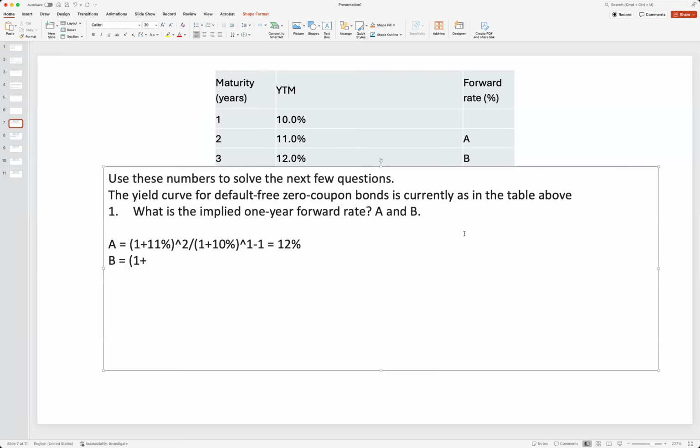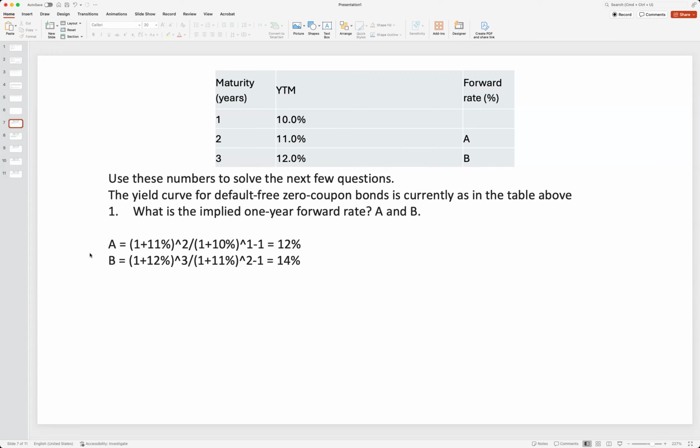So that's 1 plus the long rate, 12%, raised to the power of 3, compounding 3 years, divided by 1 plus 11%, the short rate, compounded appropriately, so it's 2 years, raised to the power of 2, minus 1. And I get 14%. Okay, so those are the solutions to the forward rates.